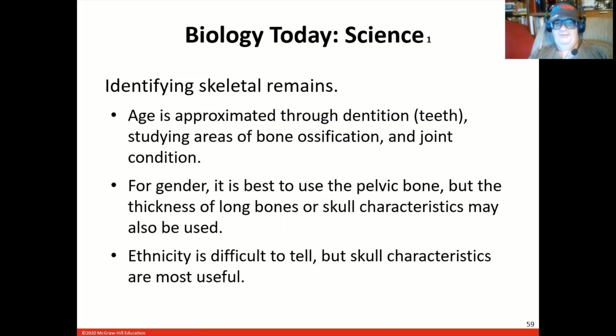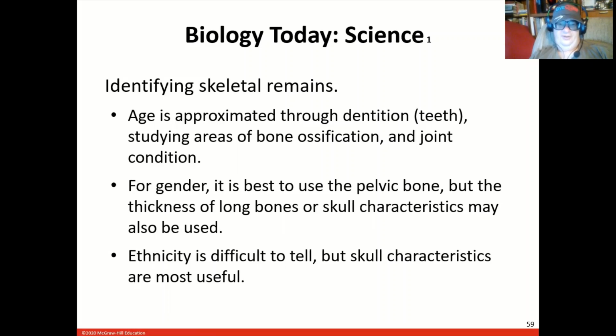Older people tend to have eroded joints. For gender, you can use the pelvic bone, the thickness of the long bones or skull characteristics. If the pelvis is all destroyed, you look at other things. Men tend to have thicker, denser bones. And skull characteristics, the zygomatic arch here, the zygomatic bone, that tends to be a little wider in men.